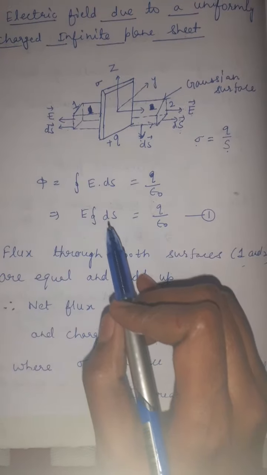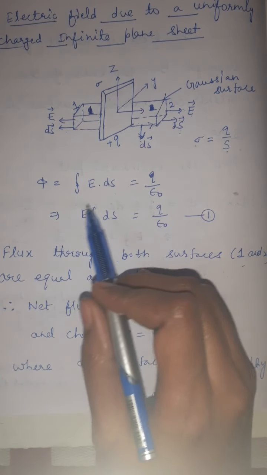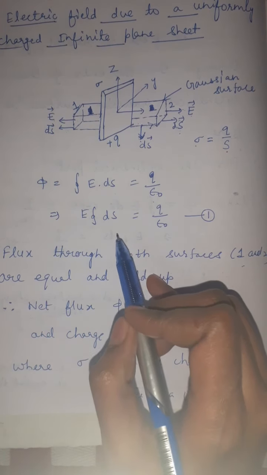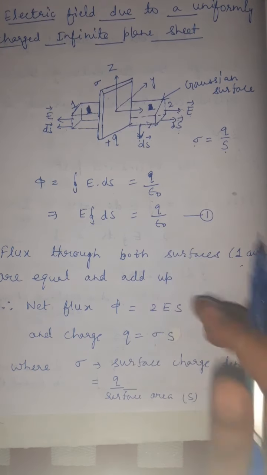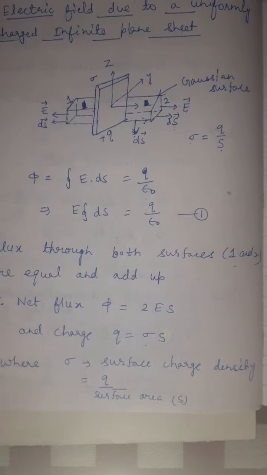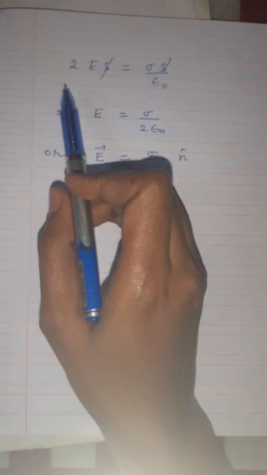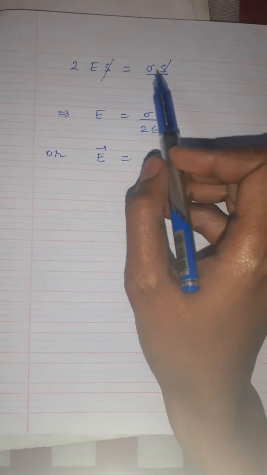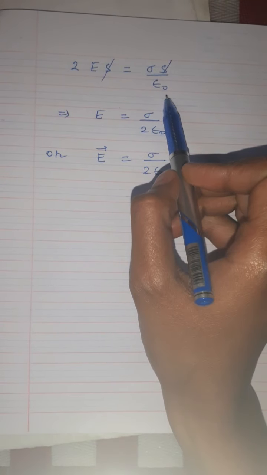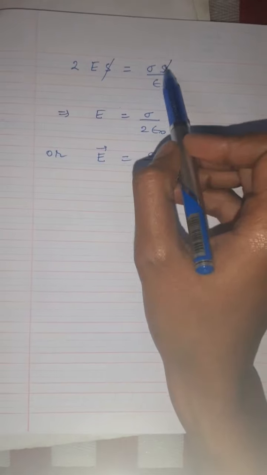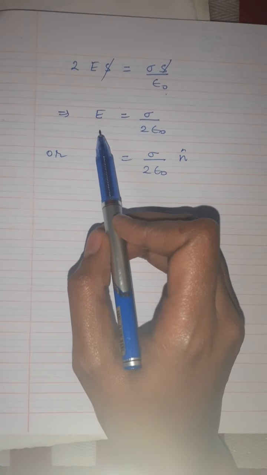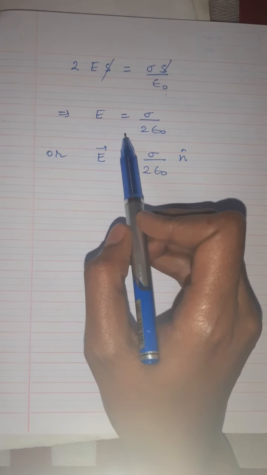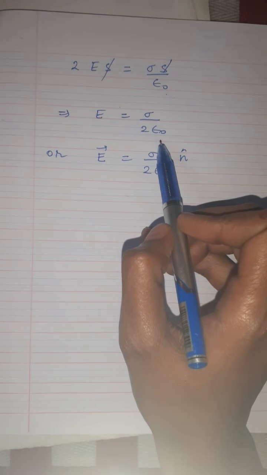We can put the value of the total flux as twice Es, and the value of q as sigma S here. What will we get? We will get twice Es is equal to sigma S divided by epsilon naught. This is the value of q and this is the value of the integral part. On calculating it, we will get E equals sigma upon 2 epsilon naught.